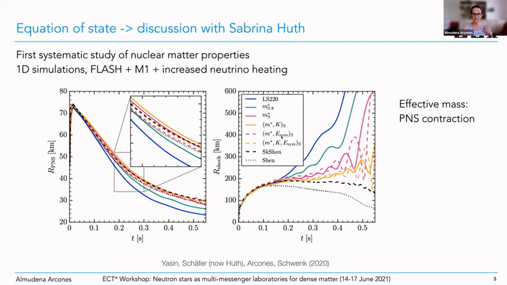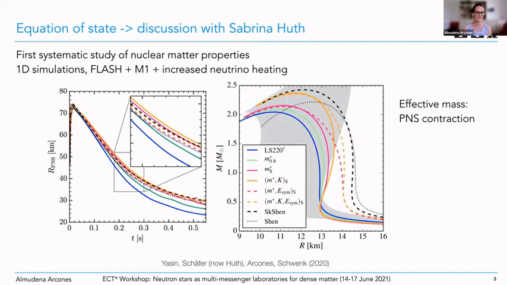They changed several things, but the main quantity that impacts the contraction of the proto-neutron star is the effective mass. Sabrina can also explain more in the discussion session or later, if there are questions. And of course, Sabrina has also calculated the mass-radius relation for all the equations of state that she was producing.